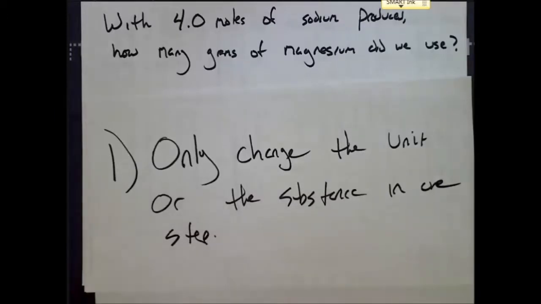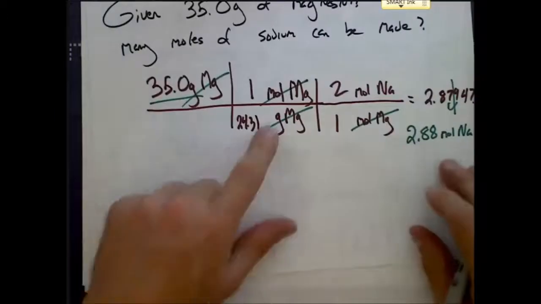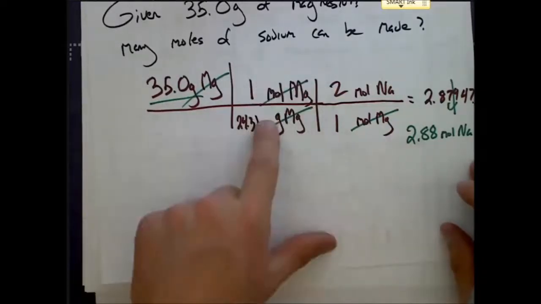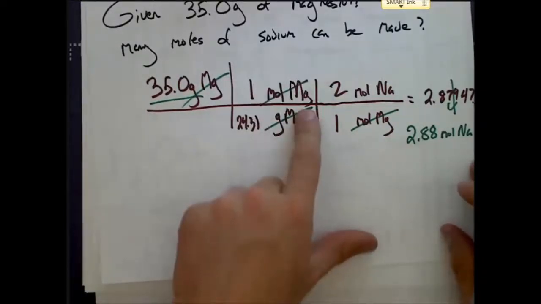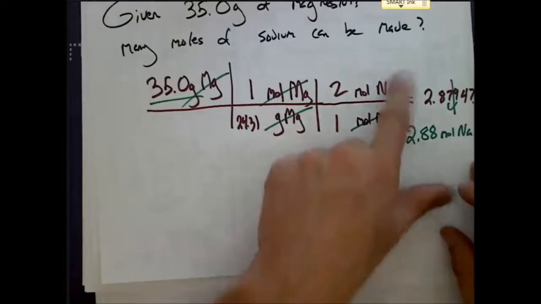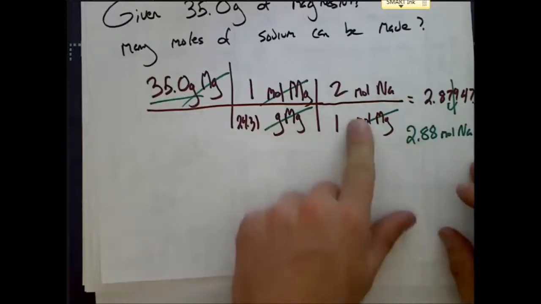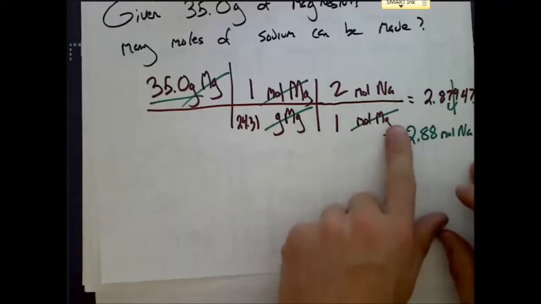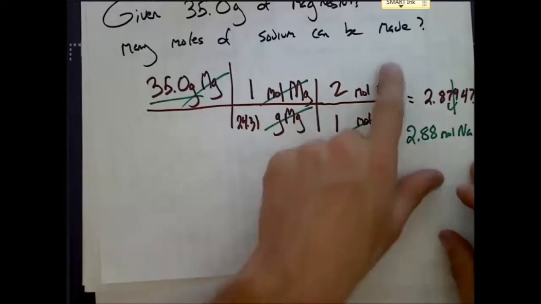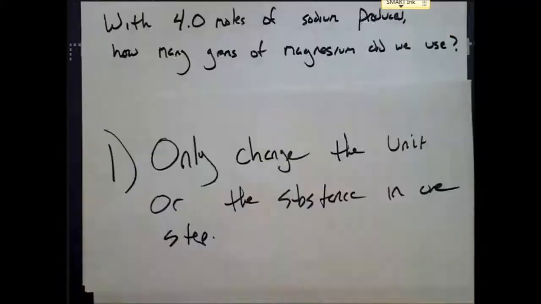So if we look at our last question, we changed from grams to moles, but we kept the substance the same. We changed our unit. Here, we went from moles to moles, but changed magnesium to sodium. Our unit stayed the same, but our substance did not. Here, the unit changed. Here, the substance changed. Only one at a time.